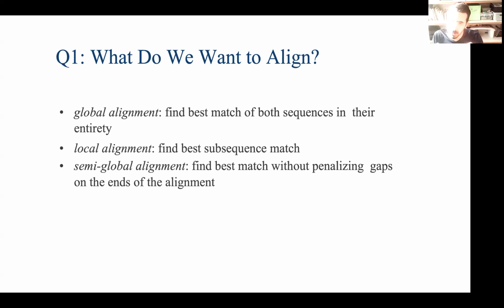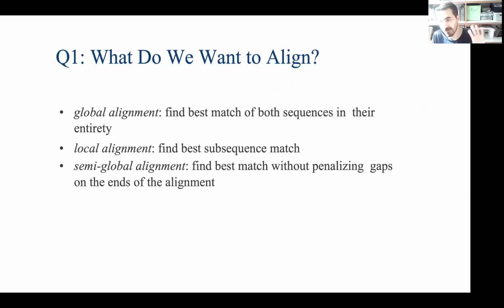On the other hand, local alignment doesn't necessarily have that assumption. So you just look at these two sequences and try to find the best subsequence match. And from local alignment, you can also go to the global alignment as well. This is another story. And semi-global alignment can be the third option. It is, again, find best match for the entire length, but not necessarily entire length.